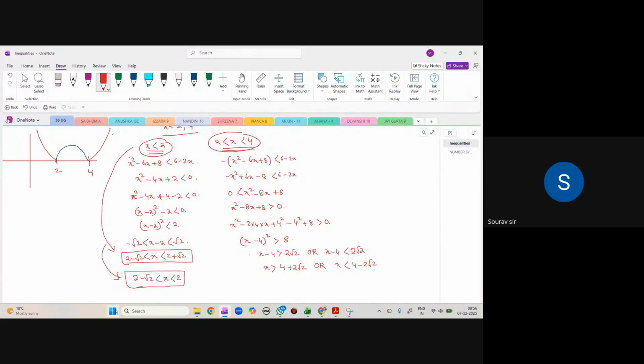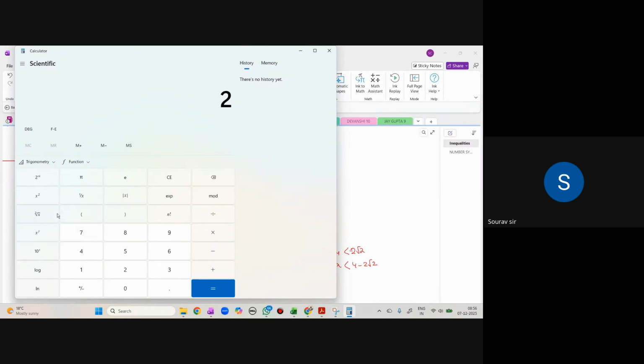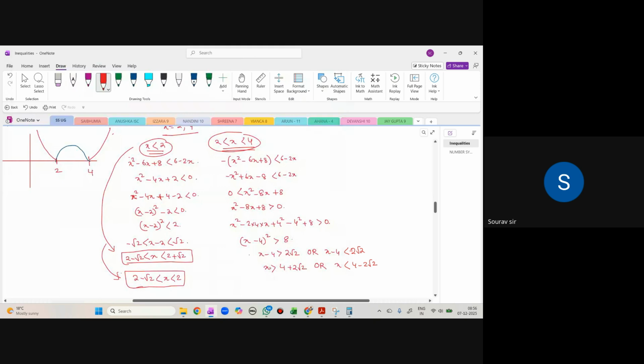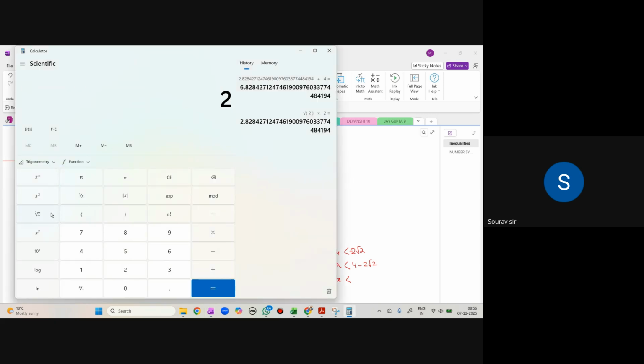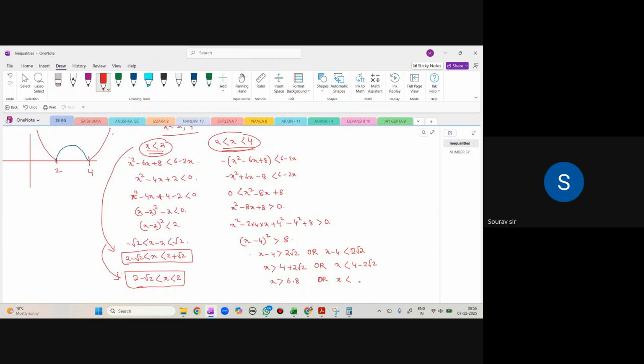So 4 plus 2 root 2, what is the value of 4 plus 2 root 2? Root 2 into 2 plus 4 is 6.8. So that means you are getting x greater than 6.8 or x less than 4 minus 2 root 2, which is 1.2.